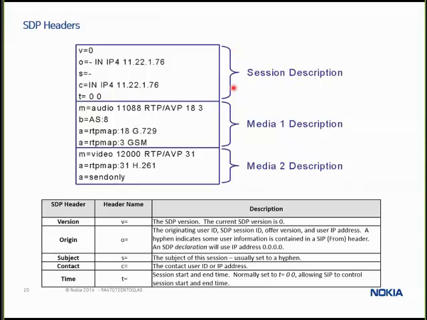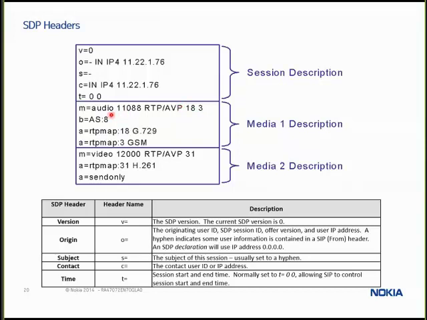Okay, that takes care of what we call session description. But now we have to get into media description. In this particular example, we're using two types. We're using an audio portion as defined by the M, or media. M is media. Now, I'll describe that hopefully in the next slide.